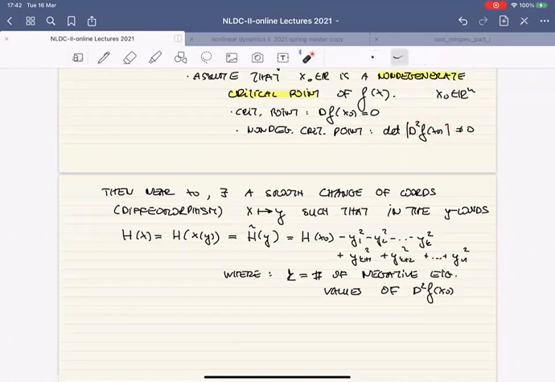If there's k negative eigenvalues, okay, then the remaining eigenvalues are positive. And there is then a set of coordinates, a smooth, nice coordinate change, in fact, that puts your function in a particularly appealingly simple form.